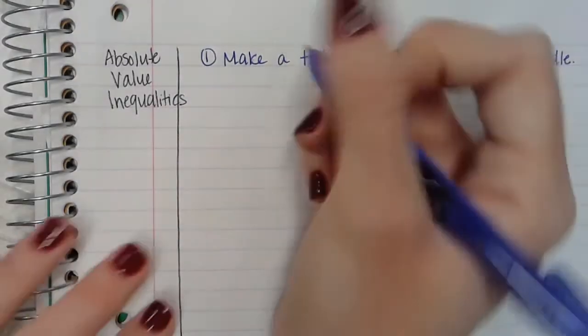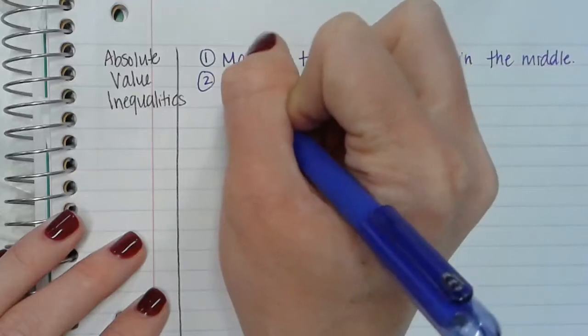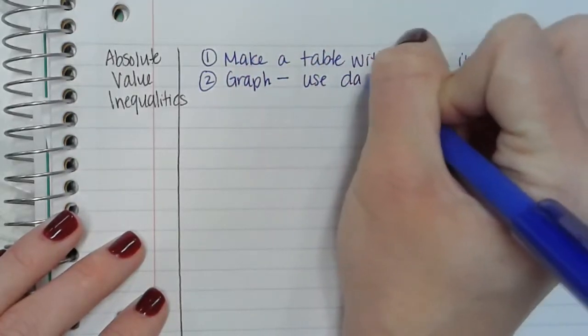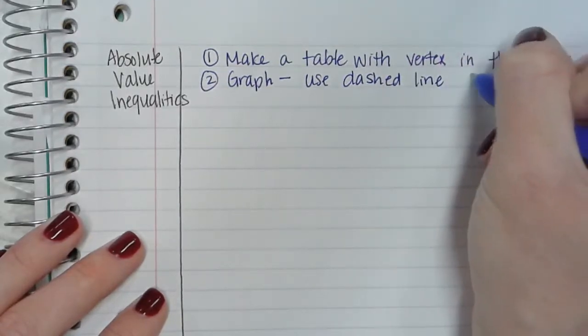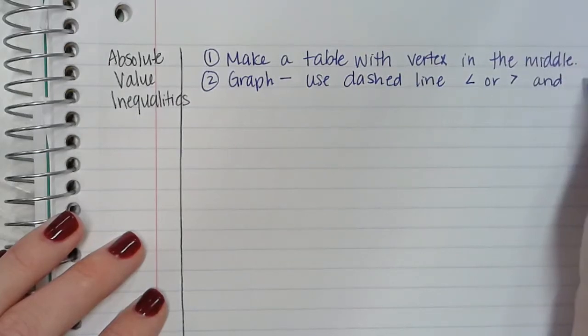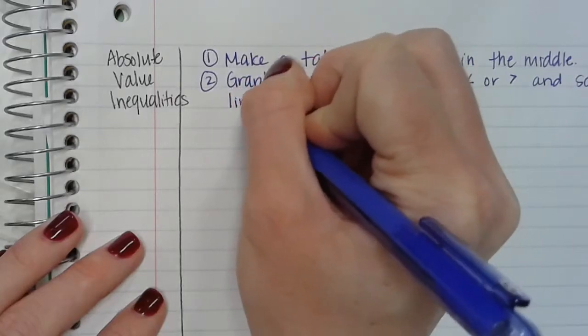Okay, so our rules. When we graph, we want to use a dashed line for less than or greater than, and a solid line for less than or equal to, or greater than or equal to.